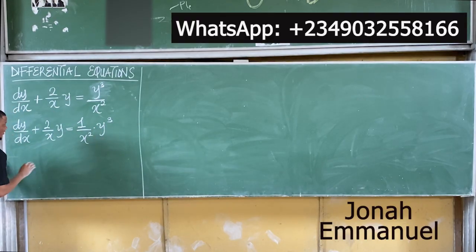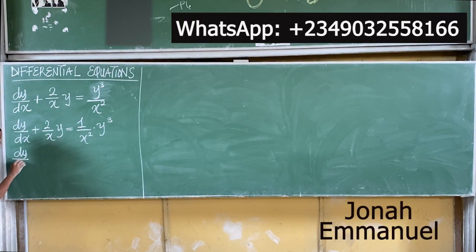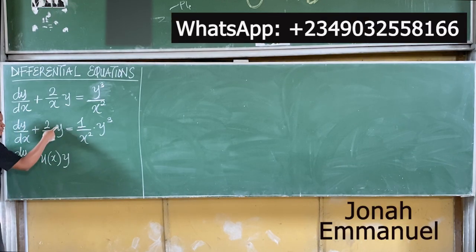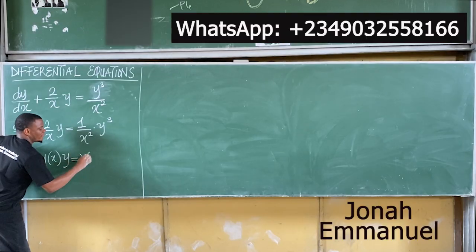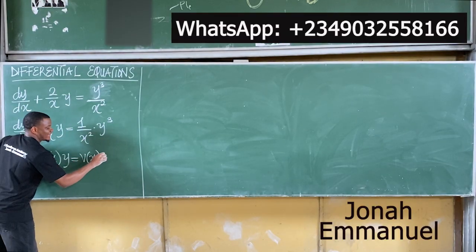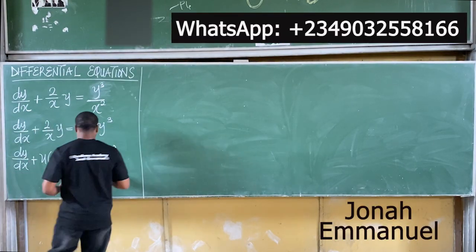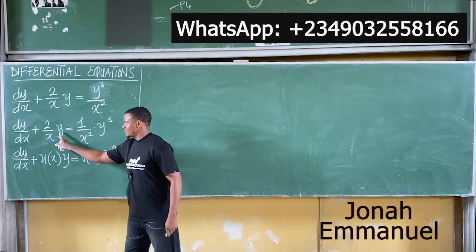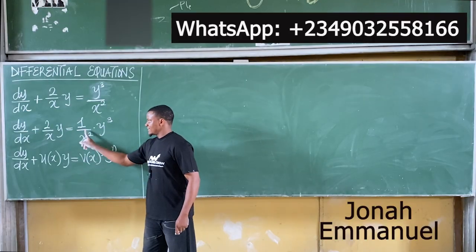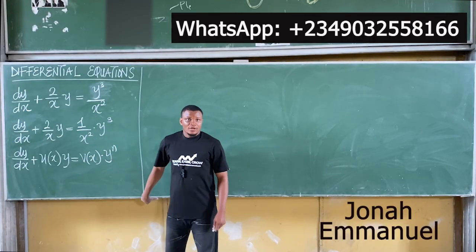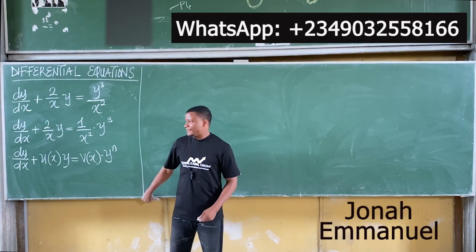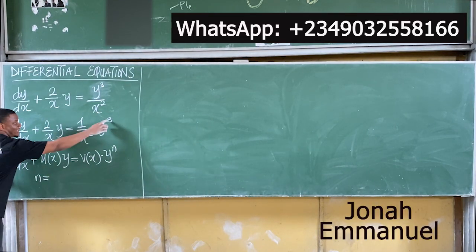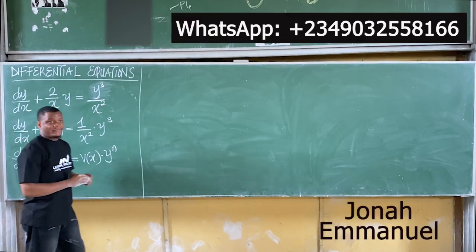Recall the form of Bernoulli's equation: dy/dx plus u of x times y equal to v of x times y to power n. You can see this is Bernoulli's equation: u of x is this, y is this, v of x is this. So first things first, let's get the value of n. From here, it's obvious that n is equal to 3. That's your first note.